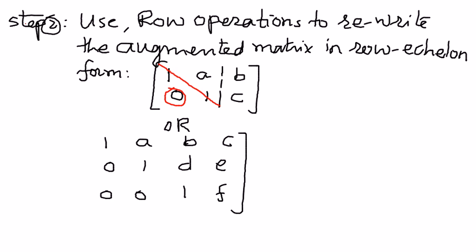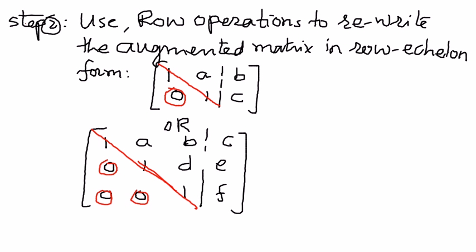So this is the matrix, and if I were to partition this by this vertical line, the numbers along the main diagonal are all ones, and the numbers below the diagonal are all zeros. This is the desired row echelon form for the system of linear equations in three variables.